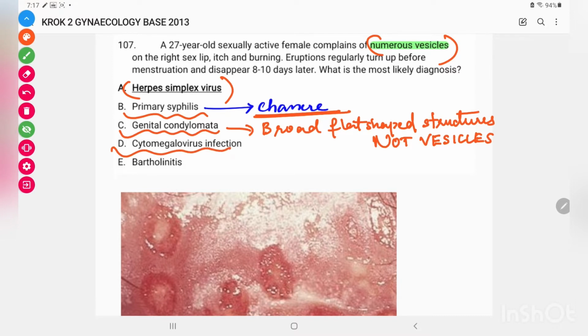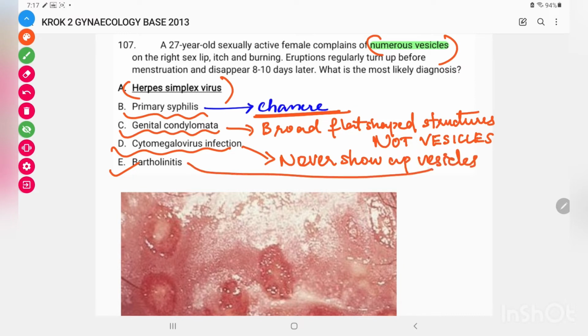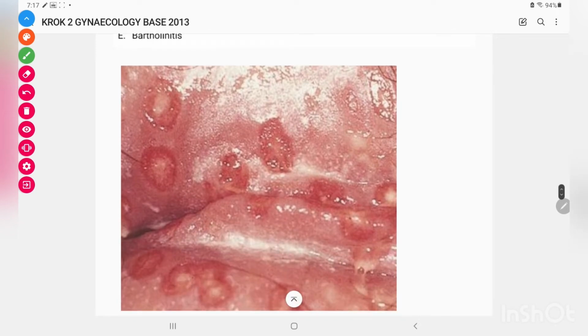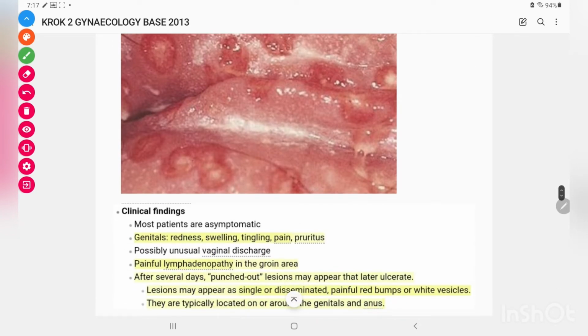And then finally bartholinitis, which is acute inflammation of Bartholin's gland, and we will see its presentations in coming questions. Even Bartholin infection does not show vesicles. So it is a very clear-cut question which shows that vesicle formation is seen in herpes simplex virus. This is how it presents, with numerous vesicles.